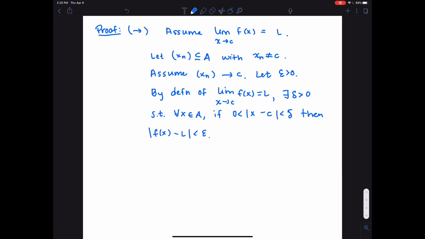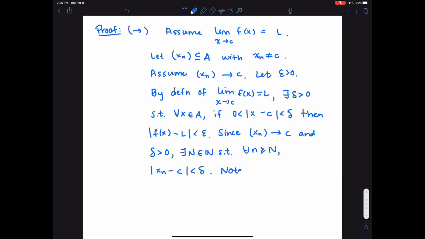So since xn converges to c and delta is a positive real number, that's kind of like our box in this case, there has to exist a capital N in the natural numbers such that for all n greater than or equal to capital N, the absolute value of xn minus c is less than delta.